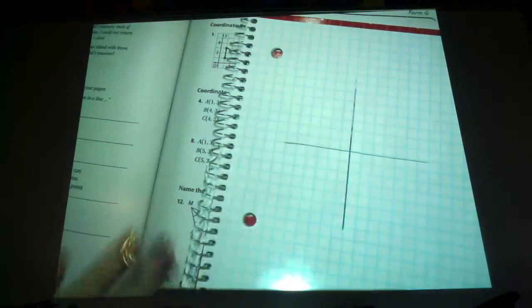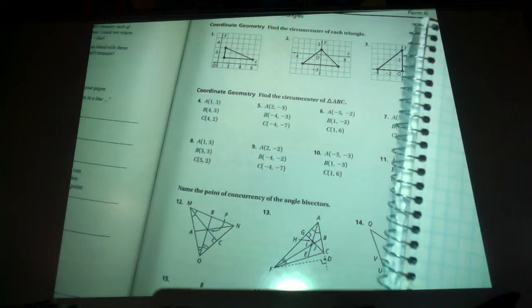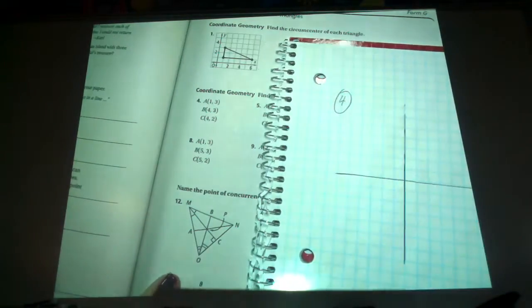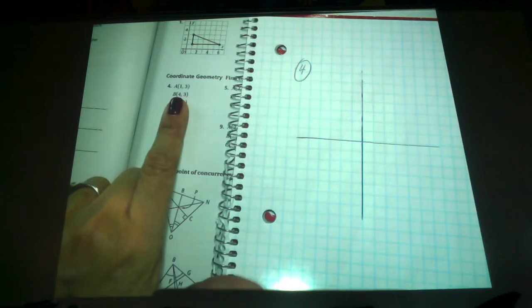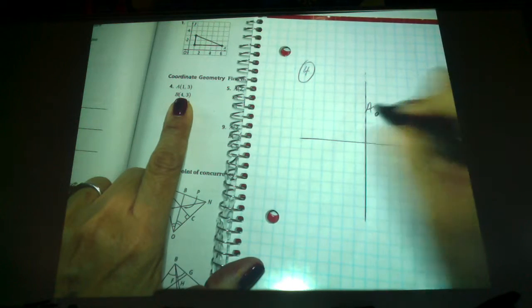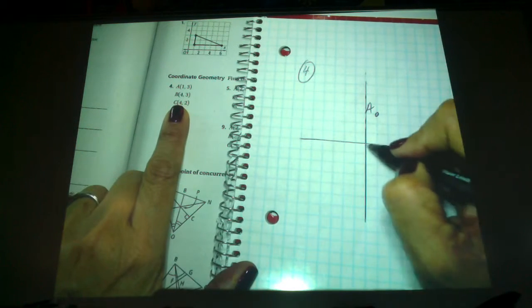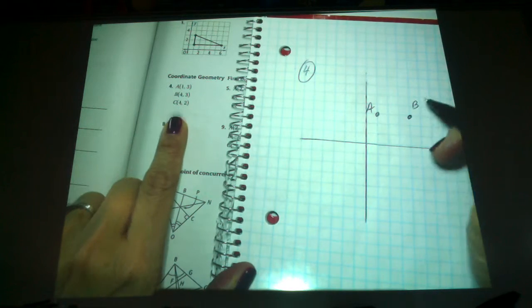And I'm going to choose, let's just do number 4, because they're all pretty much the same. So number 4, you're going to plot A (1, 3), B (4, 3), and C is (4, 2).